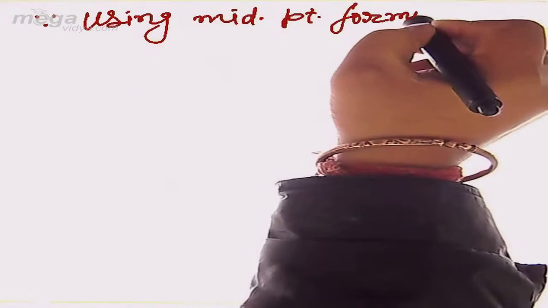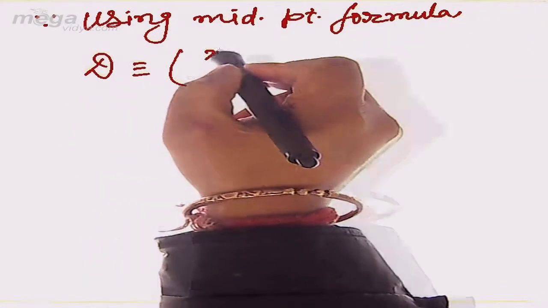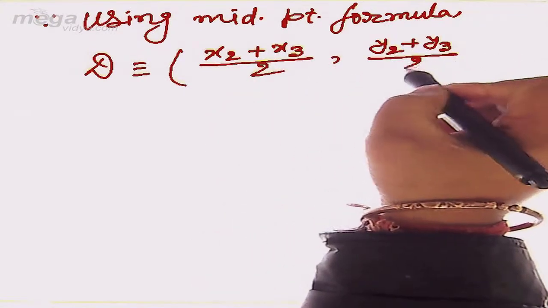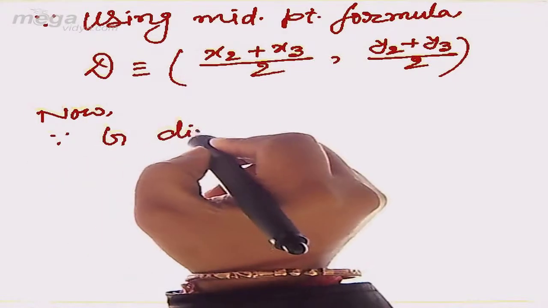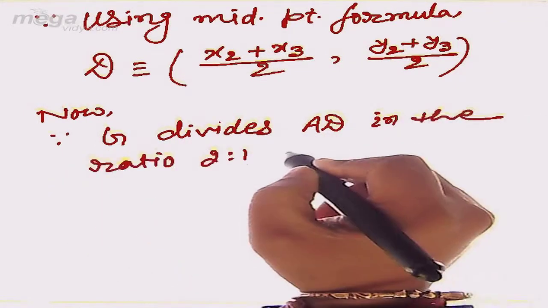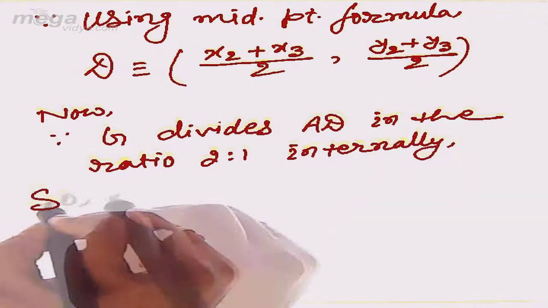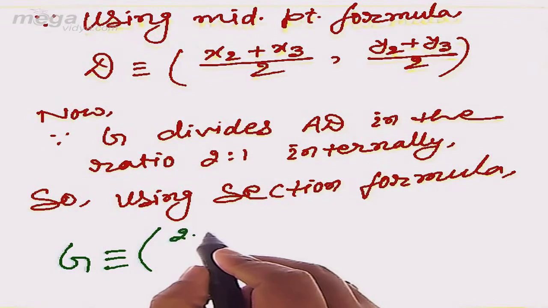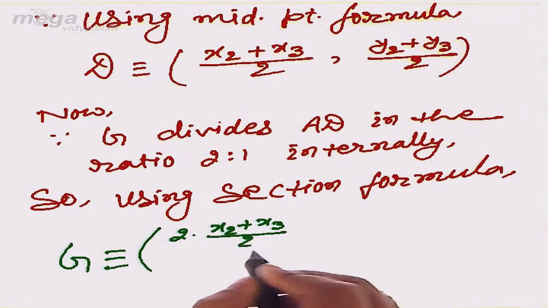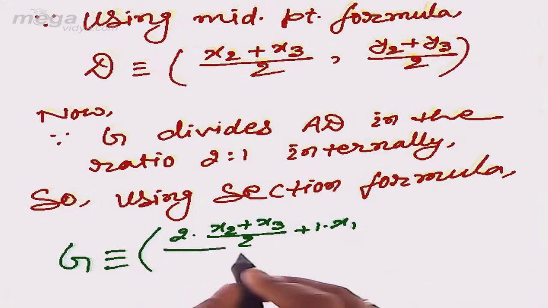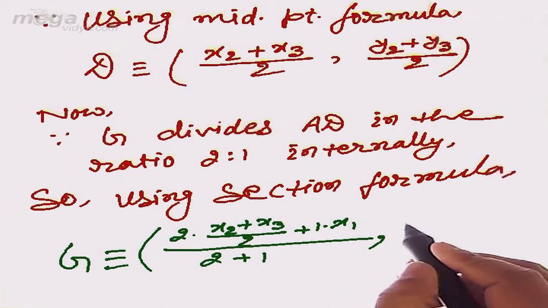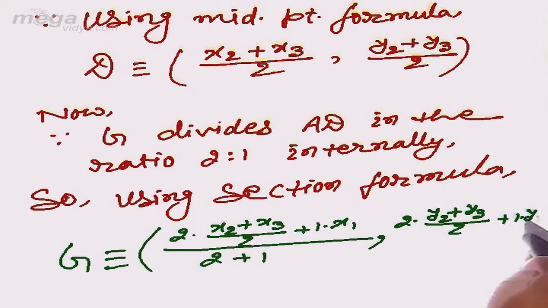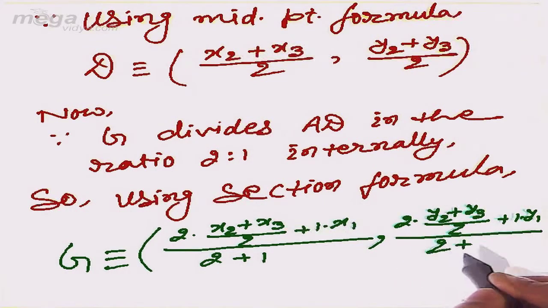Using the midpoint formula, the coordinate of D will be ((x2 + x3)/2, (y2 + y3)/2). Now since G divides AD in the ratio 2:1 internally, using the section formula we get the coordinate of G as (2·(x2 + x3)/2 + 1·x1)/(2 + 1), (2·(y2 + y3)/2 + 1·y1)/(2 + 1).